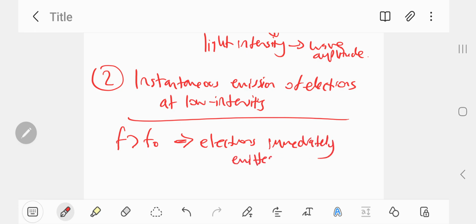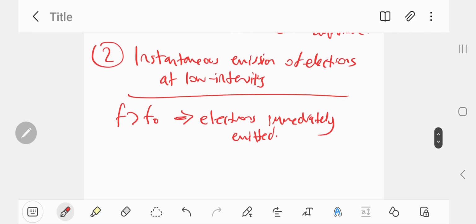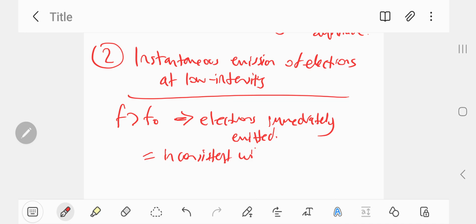You get photoelectrons emitted from the surface of the metal, even with very low intensity light. But classically it takes time for electrons to absorb energy because the energy is spread out across the wavefront. In reality, we see instantaneous emission. So that's also inconsistent with the wave model, which says there should be a delay in the emission of photoelectrons.